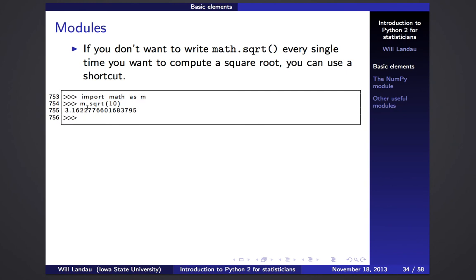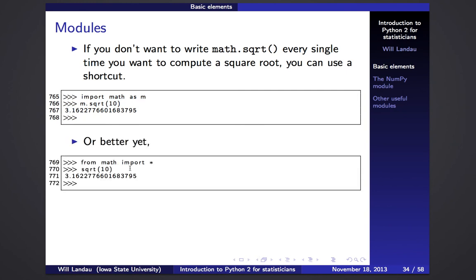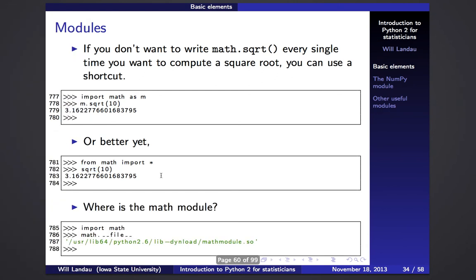Here it's M. Or you could do something like from math import everything, and then you can just use the square root function. But be careful to avoid conflicts, because there may be another function that you called square root by mistake, and there'd be some sort of conflict there. You can print out where the math module is here.